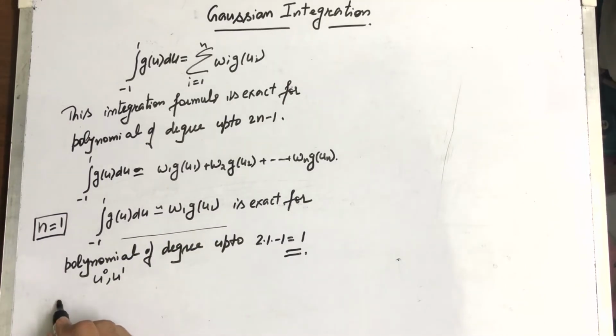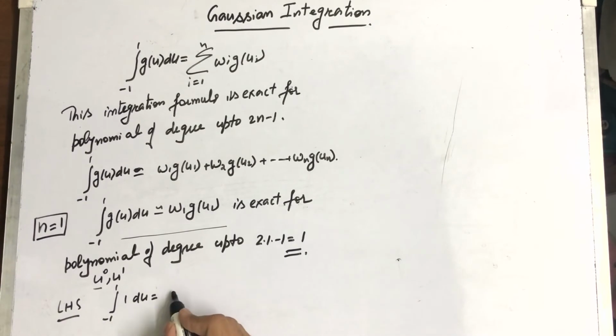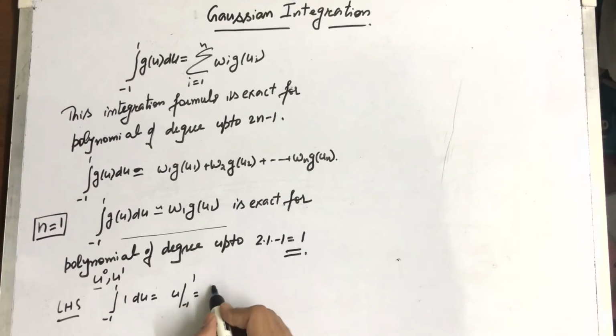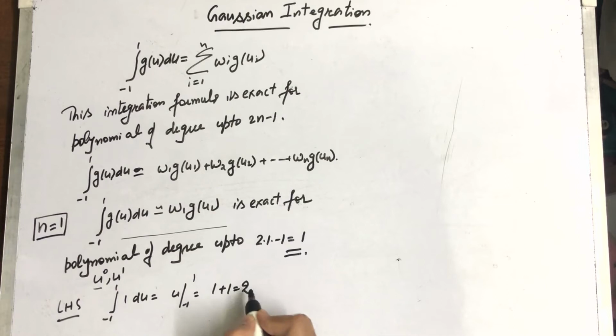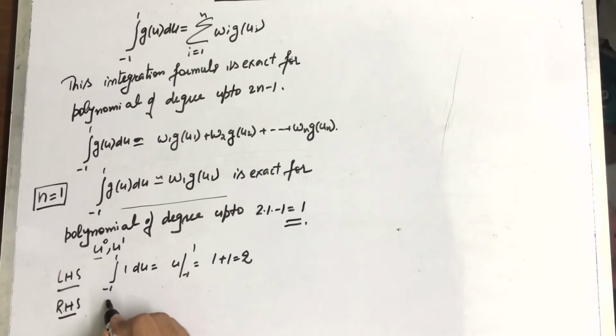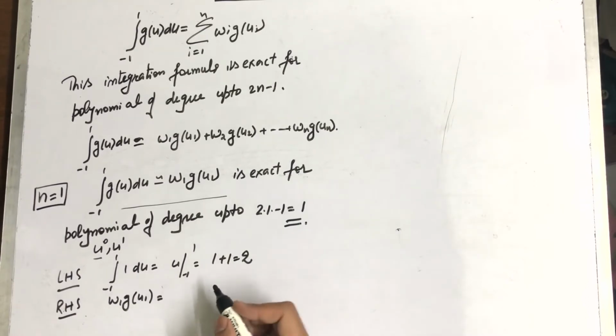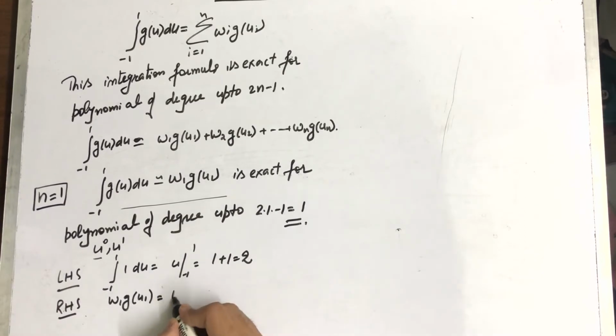Now first of all we solve the left hand side, and we first use the first value, that is u power 0, that is 1. So the integral from -1 to 1 of du, the integration is u from -1 to 1. So 1 plus 1, that is 2, and the right hand side is w1 g(u1), and g(u1) is 1, so that is w1. So from these two we get w1 is equal to 2.